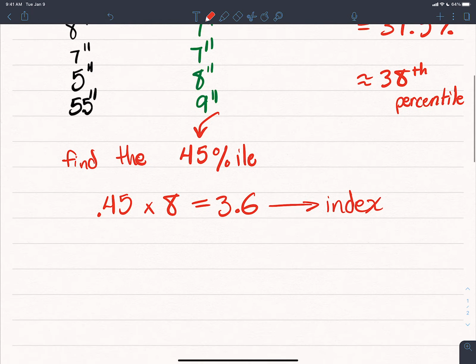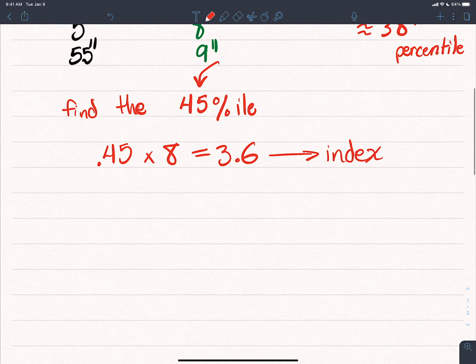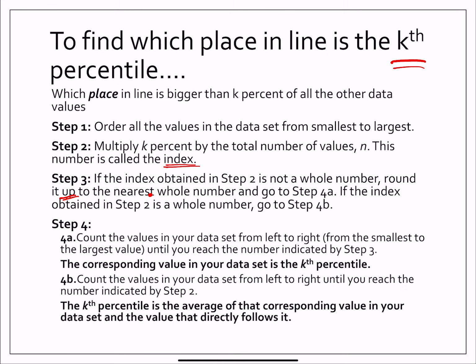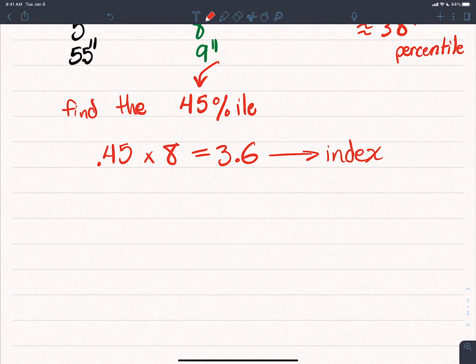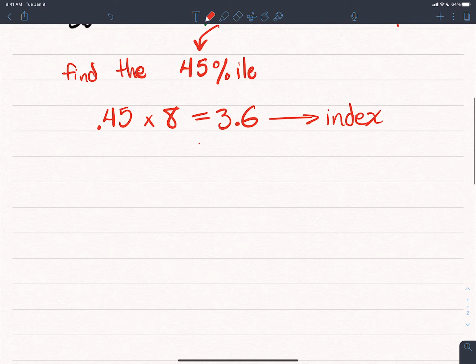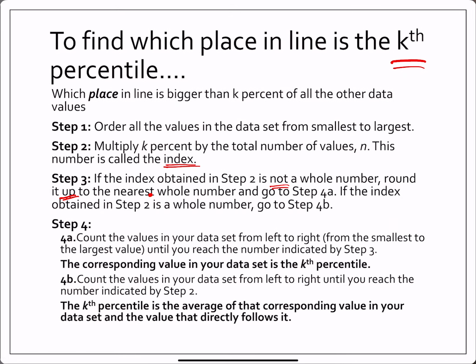Now the question is, is this a whole number or not? Well, 3.6 is not a whole number. Since it is not a whole number, what does it say to do? Round it up to the nearest whole number. So we're going to round it up. When we round it up, we'll get 4. And then it said, go to step 4A.